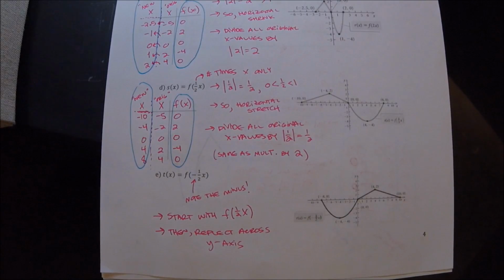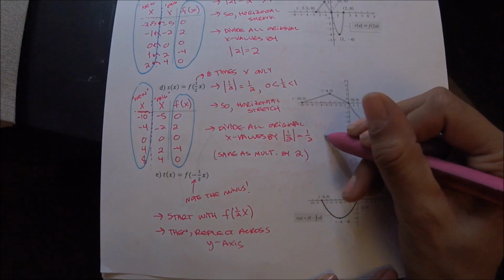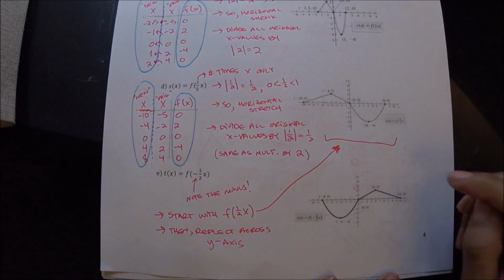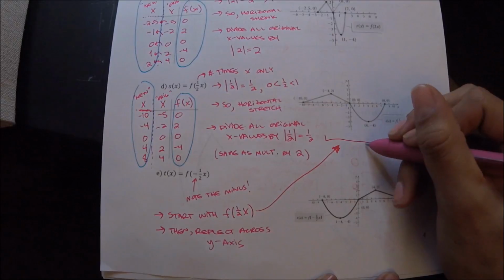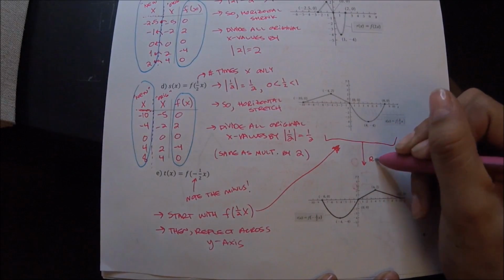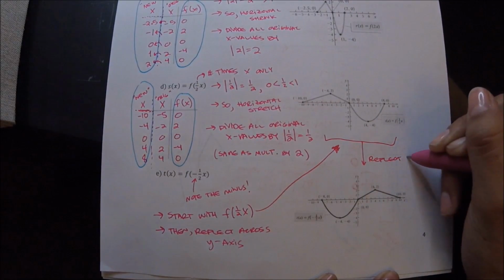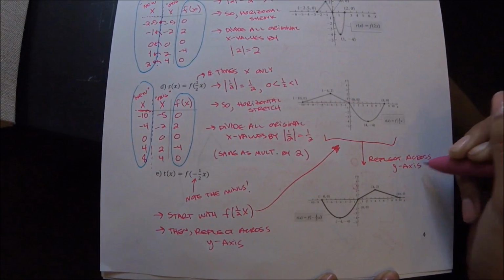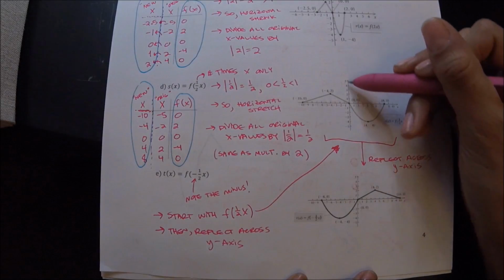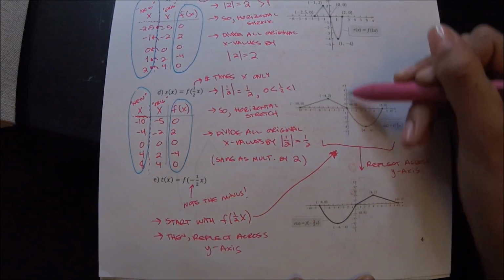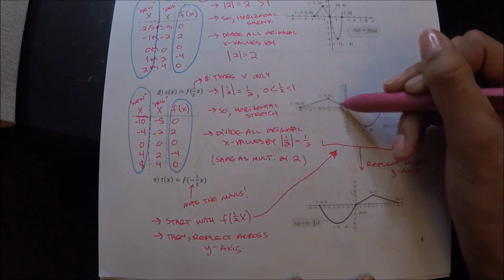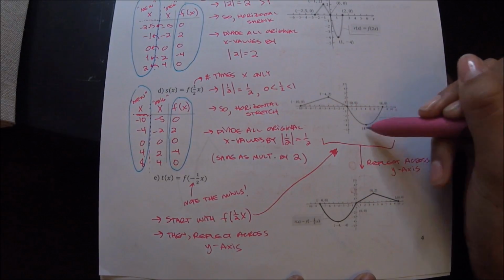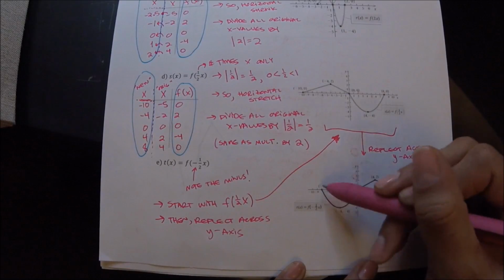So we are actually starting with this graph, because this is 1/2 x, and then we're reflecting it across the y-axis. So the y-axis is acting like a mirror, and you see this part got reflected across this way, and then this curved part got reflected across this way.